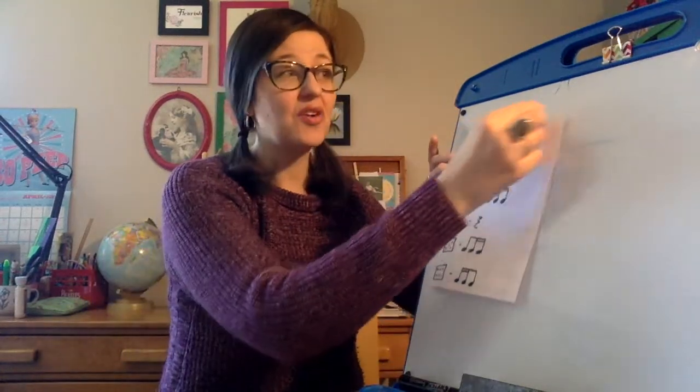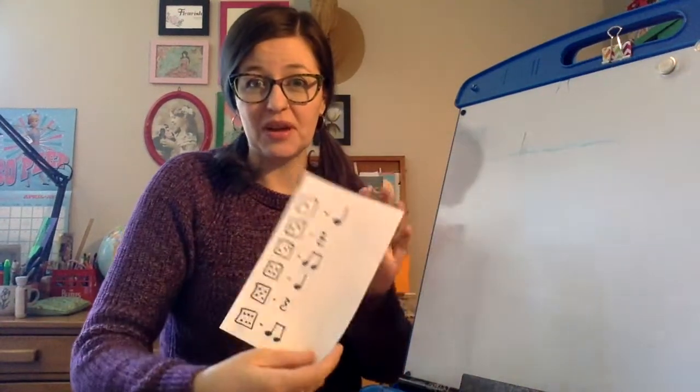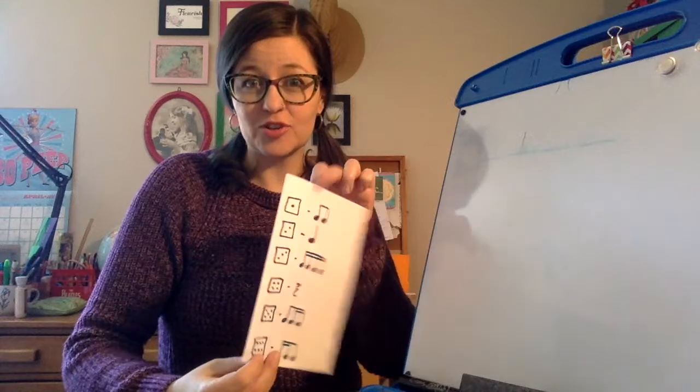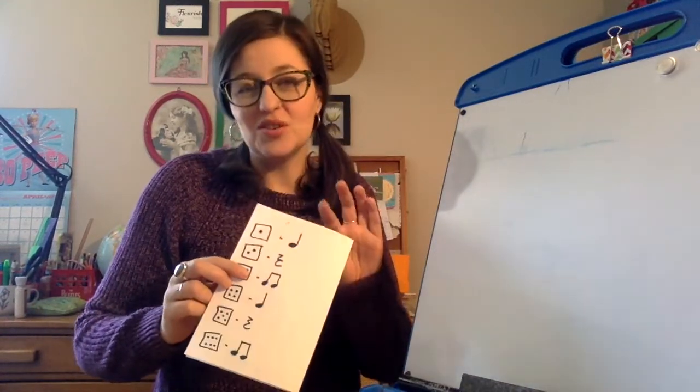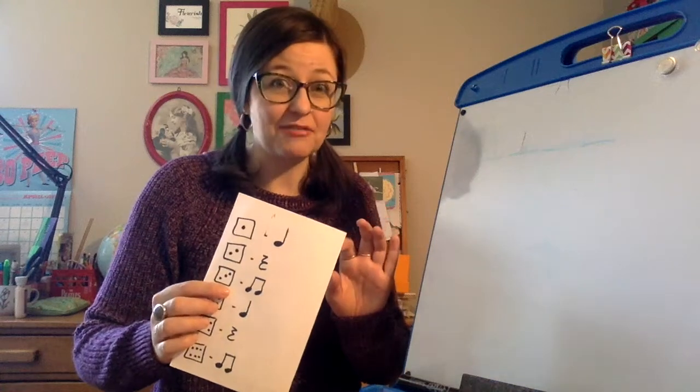Okay, so now that we've got our list set up, I've got my 2 different versions ready for us to use in our examples. Now we're going to do a clapping activity first.